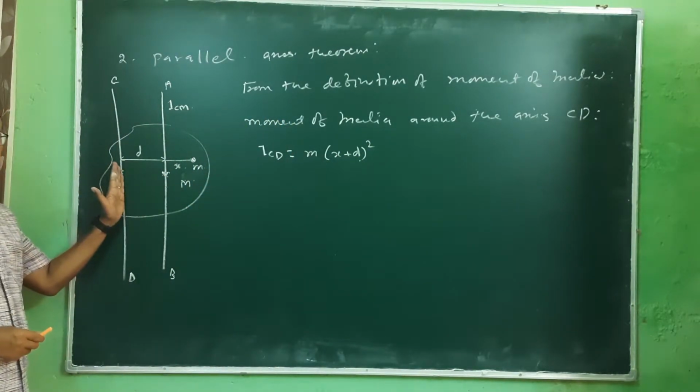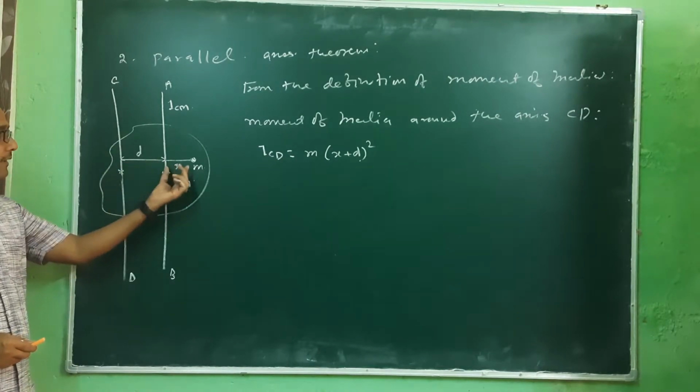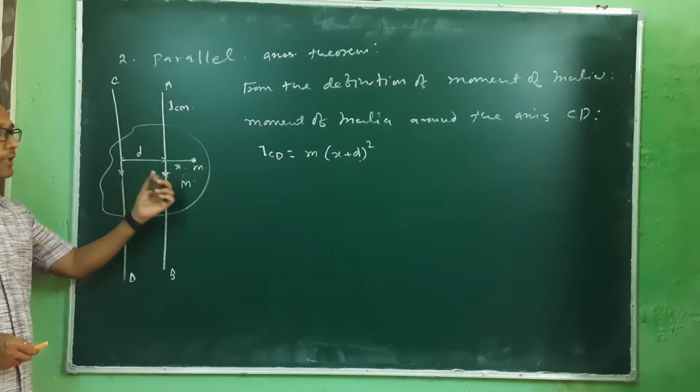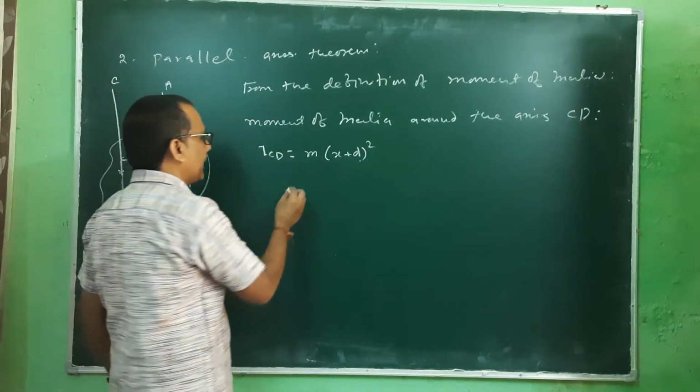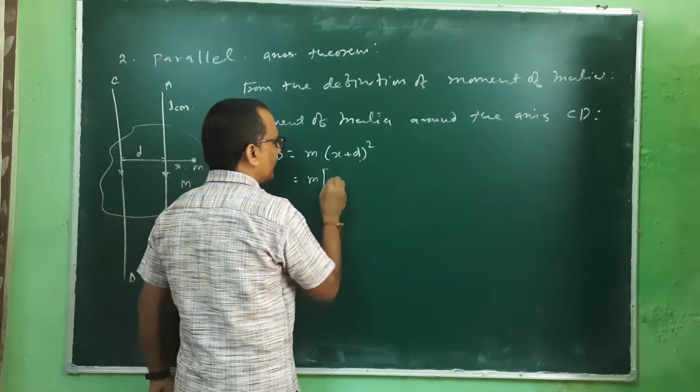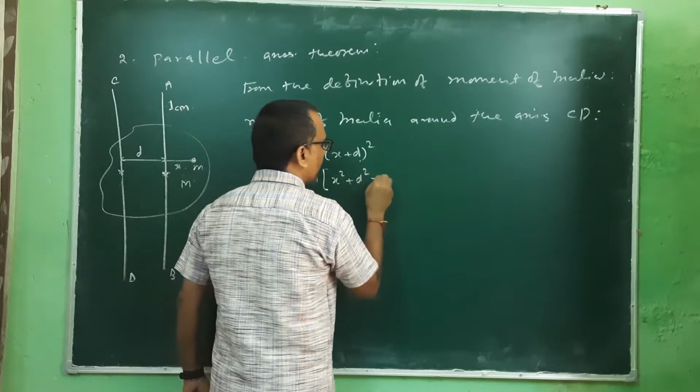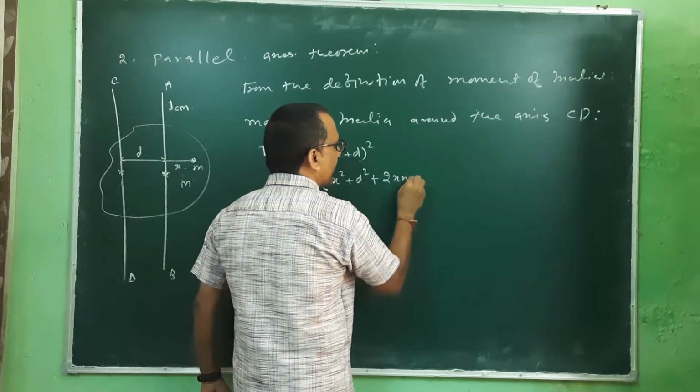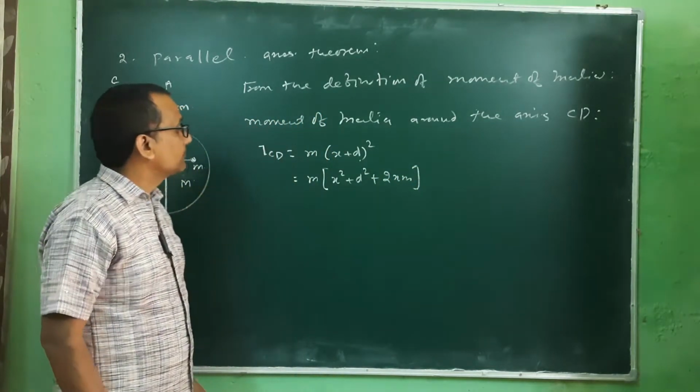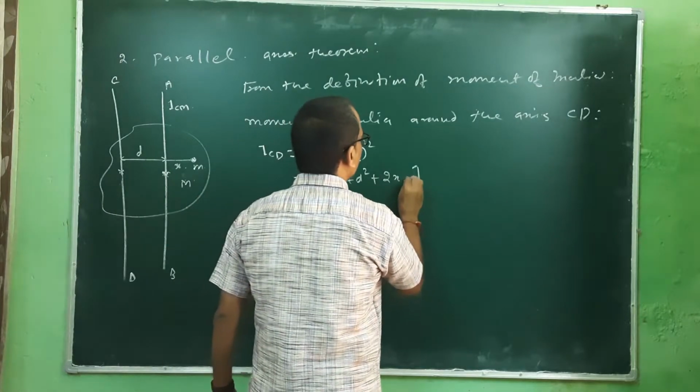We are taking this axis, this distance is d and this distance is x. So the total distance is x plus d, and one can expand this. m times x square plus d square plus 2xd.